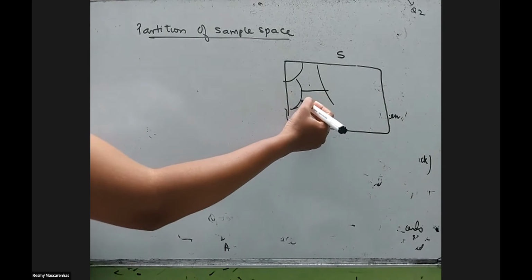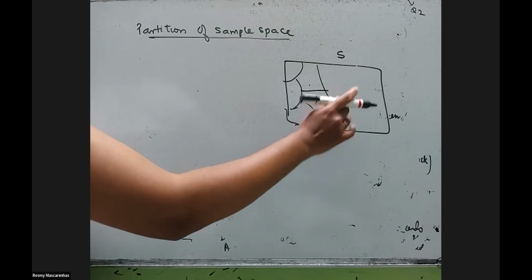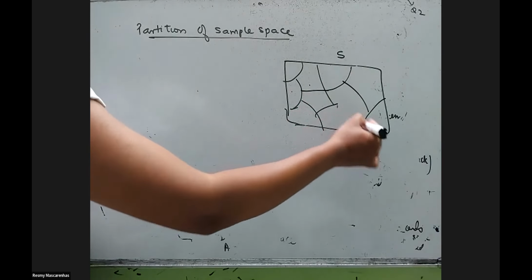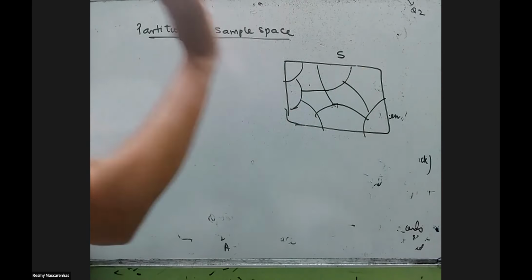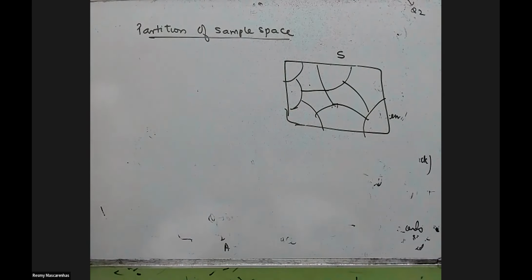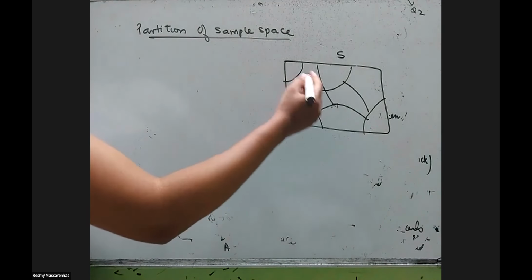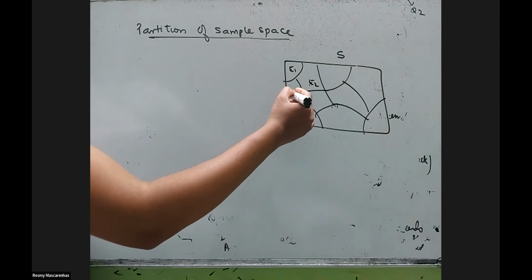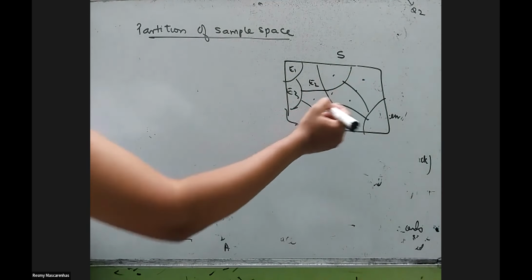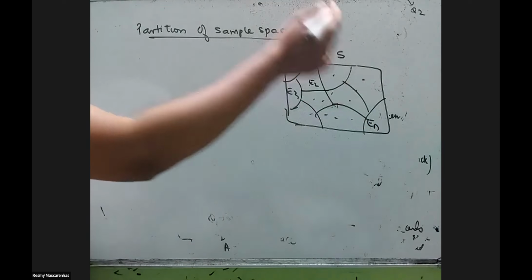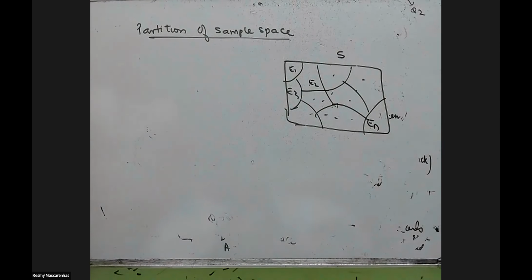Any event which you want to consider, just divide randomly however you want. You just have to divide the space. So this may be E1, E2, E3, and so on, and the last one will be En. We don't know how many we are dividing it into. Randomly we are dividing into n number of events. So I'm partitioning, making small partitions.